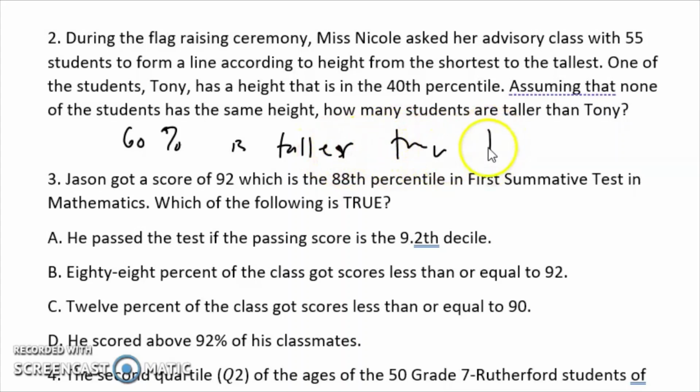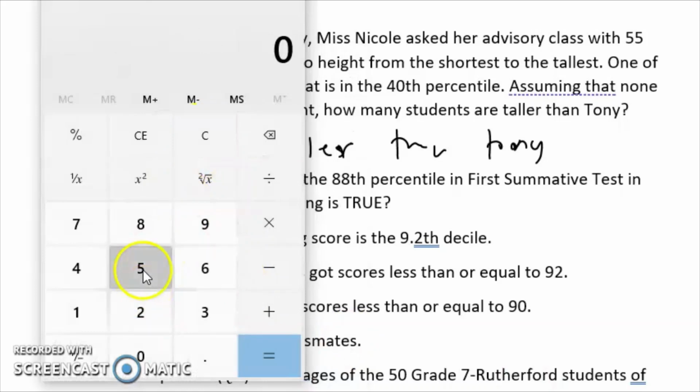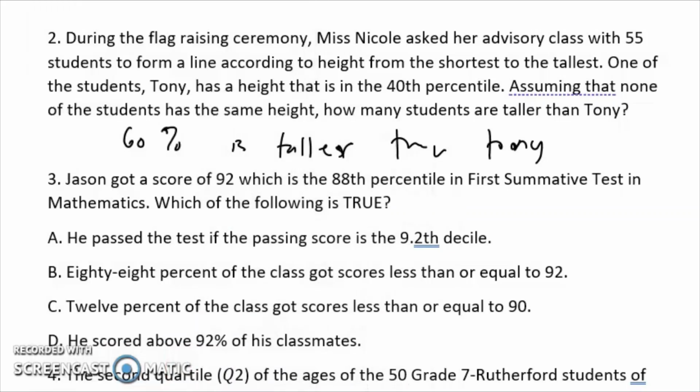than Tony. Pero kung kukunin nyo kung ilan iyan, so 55 times 0.60, tignan natin ha, para ma-solve. 55 times sa 0.60, that's around 33. So, 33 students are taller than Tony.